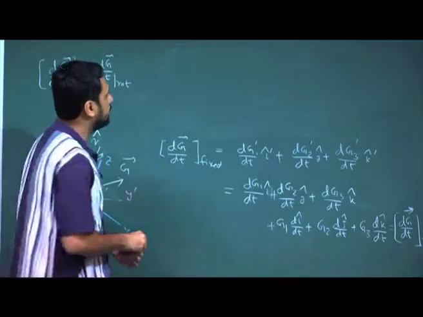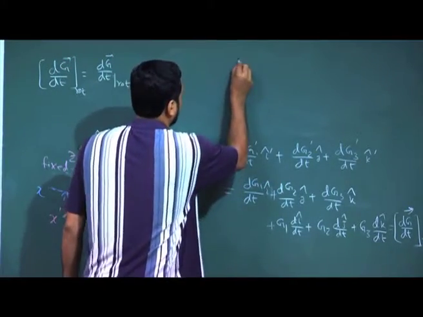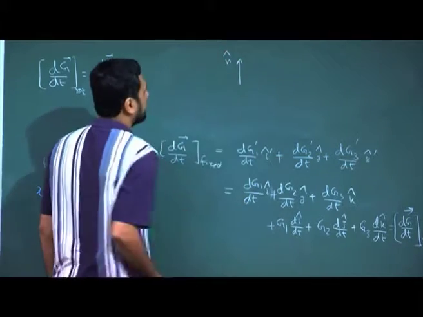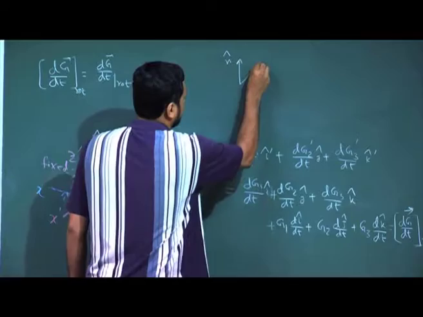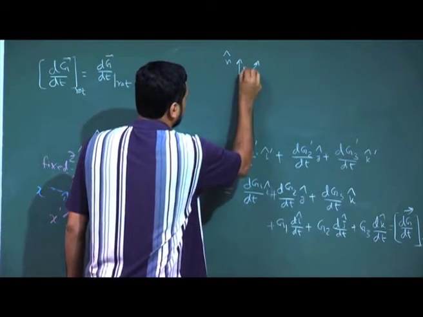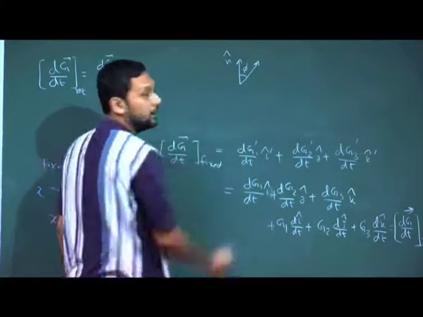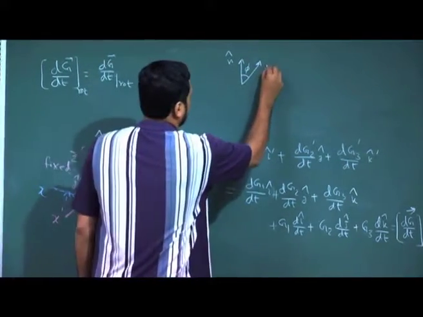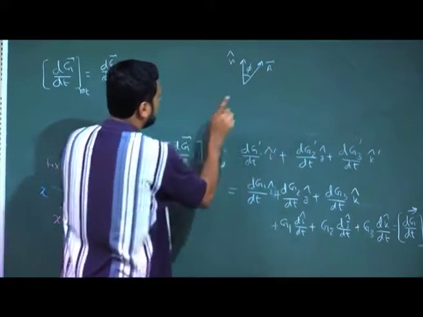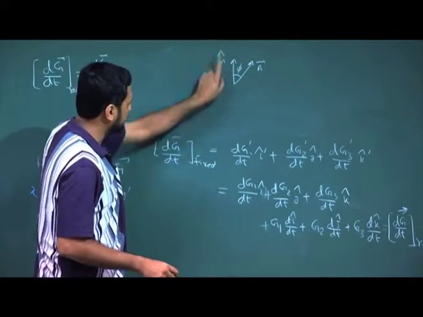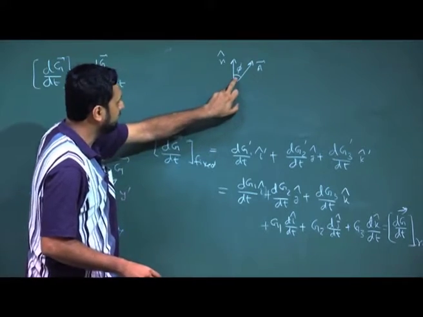Now, let us consider this for a moment. Let us say we have some vector A, and a direction n. Let us say this angle is some fixed angle, let us call it phi. Now, this vector is rotating around this particular fixed direction while maintaining this fixed angle.